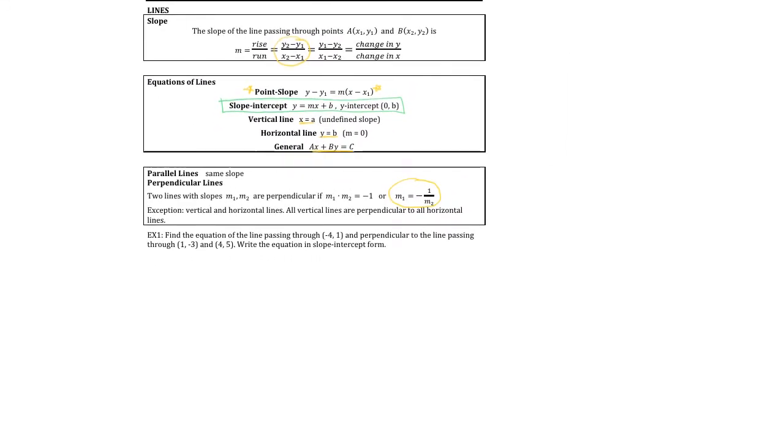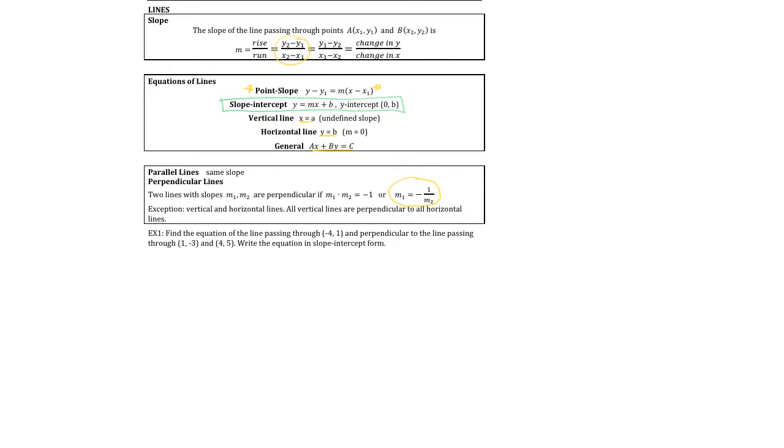If I am trying to find a line, it's going to go through the point -4, 1. Okay, so it needs to go through that point, -4, 1.